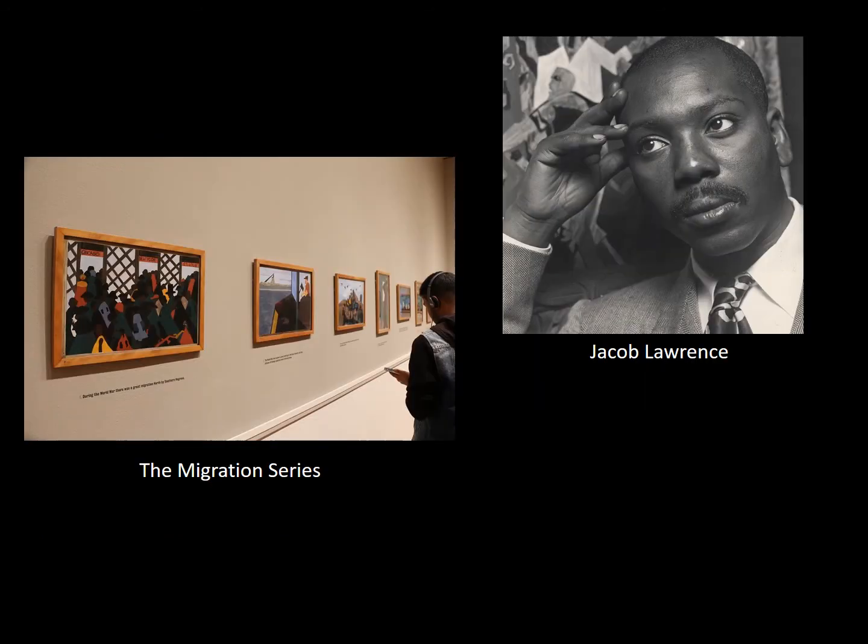Now, Jacob Lawrence was one of the younger artists that we're looking at, who really during the Harlem Renaissance is still a very young man. He's actually born in New Jersey. So he was born in Atlantic City, though he spent his childhood in Pennsylvania and then eventually moved to Harlem, I think by the time he was 10.